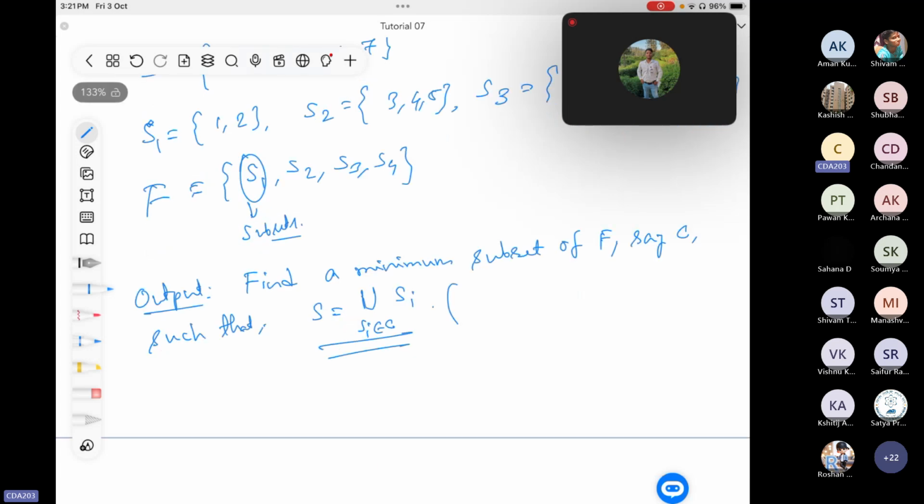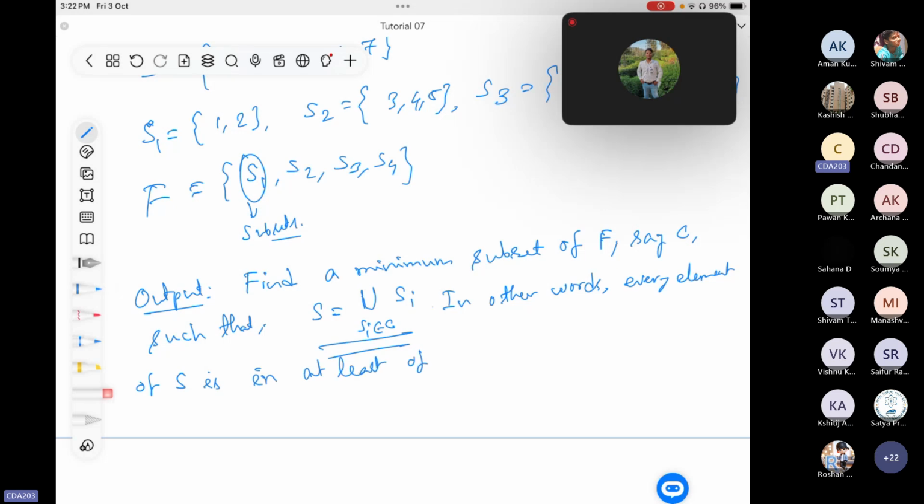In other words, every element of S is in at least one of the sets in C.